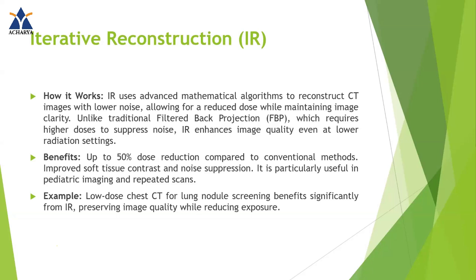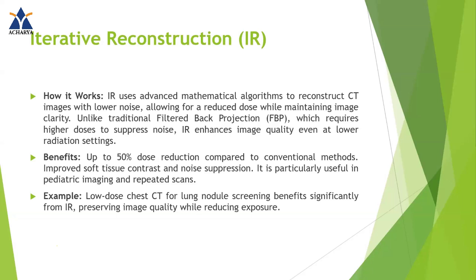So iterative reconstruction can be used for a pediatric scan or when a repeated scan is required, like in brain trauma cases or in a CT abdomen where multiple different phases need to be taken after the contrast injection. Iterative reconstruction is used with minimal radiation settings to obtain proper image quality.